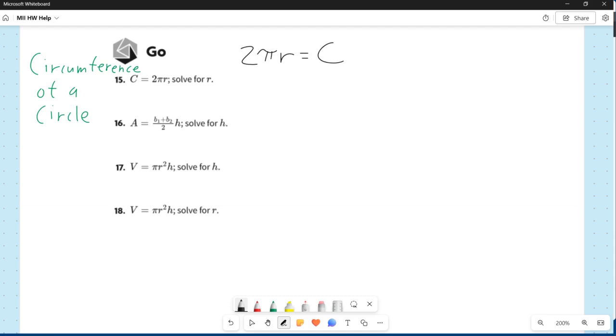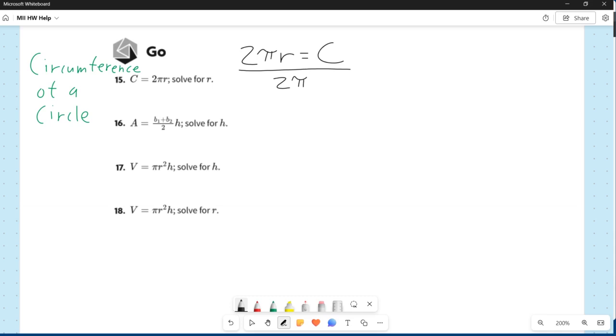But I can actually do this in one step, because both the 2 and the pi are being multiplied to r, which means I can just divide by both the 2 and the pi. I don't have to divide by 2, then divide by pi in two separate steps.